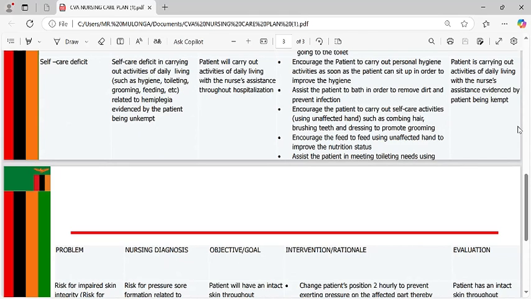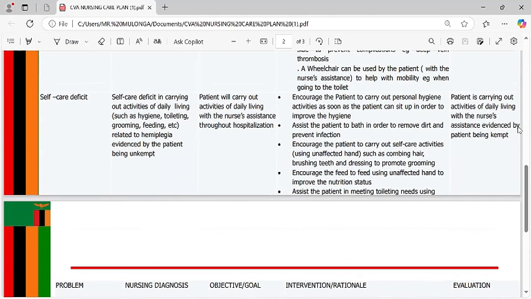Because this patient is immobile, when they want to open bowels, we can offer them the bedpan. This bedpan will be very useful because they will not have to strain to go out of bed. They are not even able to move.